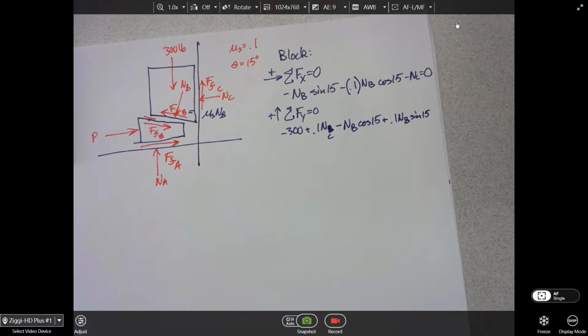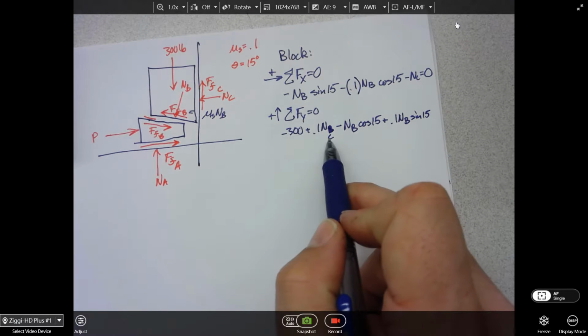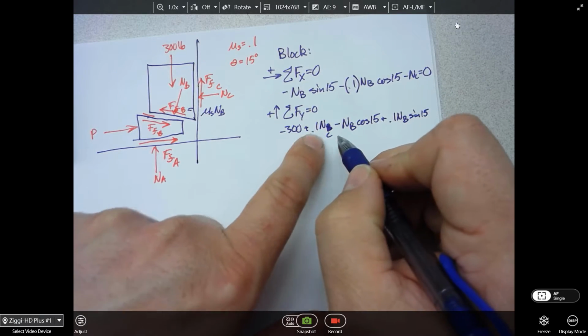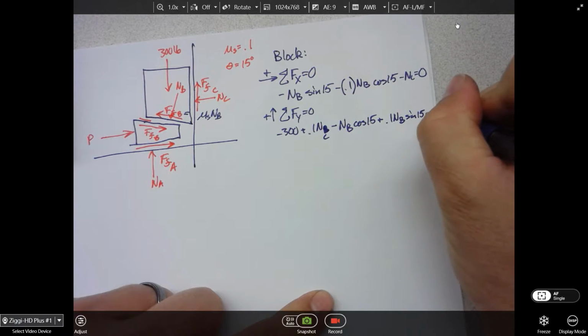Wait, is it NB or is it NC? No, this is in C. This is the force of friction at C. So it's 0.1 times N sub C equals 0.